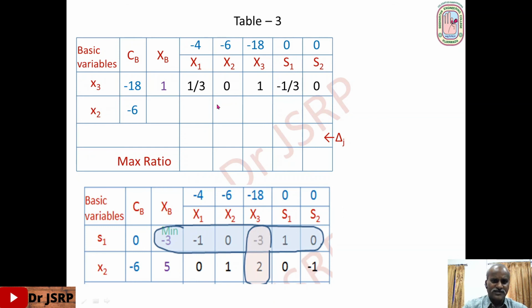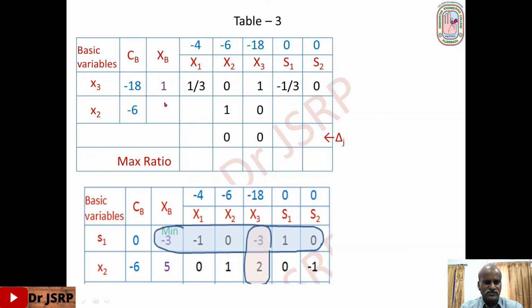Next, fill the basic variable columns with the unit matrix. x3 first place 1, remaining 0, and delta j value 0. x2 column second place 1, remaining 0, and delta j value 0. Next, calculate the remaining values.